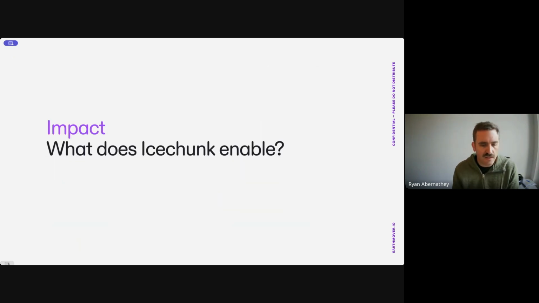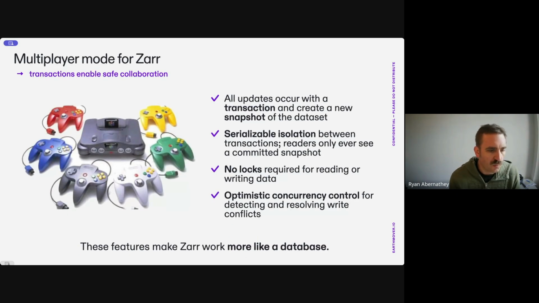So let's dive into that impact. What does Icechunk enable? What does it allow you to do that is hard or impossible with regular non-Icechunk Zarr? One of the ones that I like to start with is this idea of multiplayer mode.